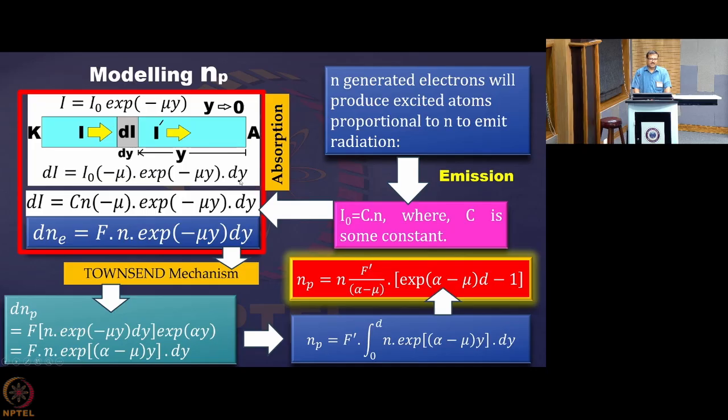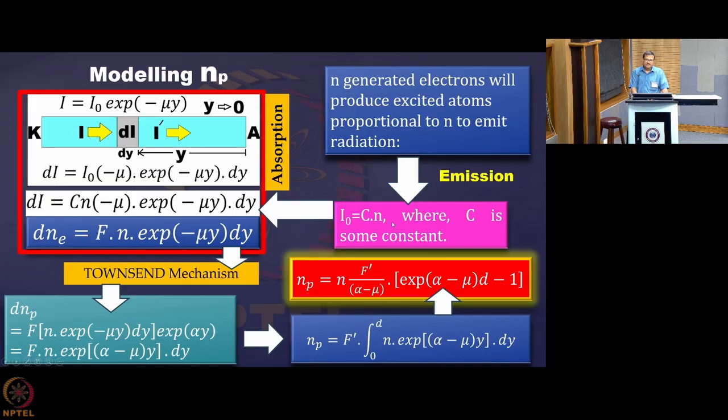So dI is proportional to I0, and I0 is proportional to the total number of electrons reaching the anode. This is because I0 is the intensity of light generated by the excitation of the atoms inside the discharge tube, and that will be proportional to the total number of electrons generated, and we have taken C as the constant of proportionality.